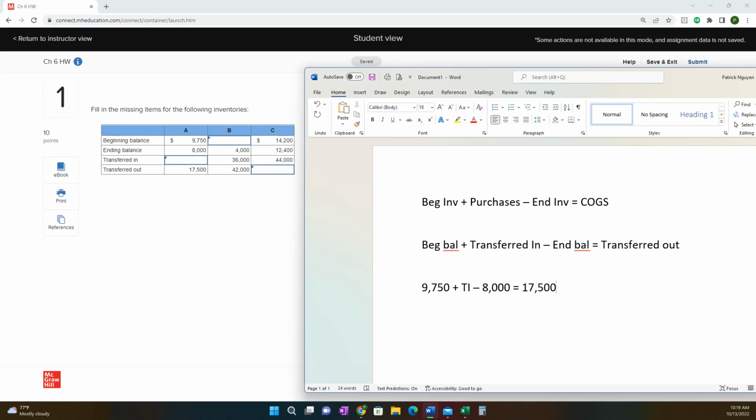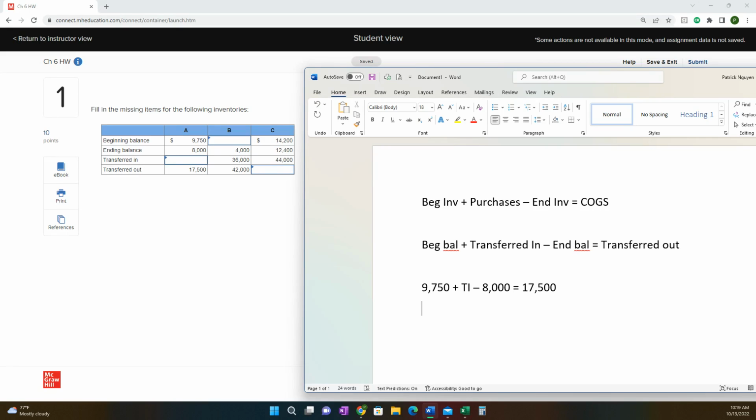So we want to get the variable on one side of the equation and the known numbers on the other side. To do that, we're going to subtract 9,750 from both sides, and then add 8,000 to both sides since the 8,000 is being subtracted from the left side. To cancel it out, you would add 8,000 to the left side and 8,000 to the right.